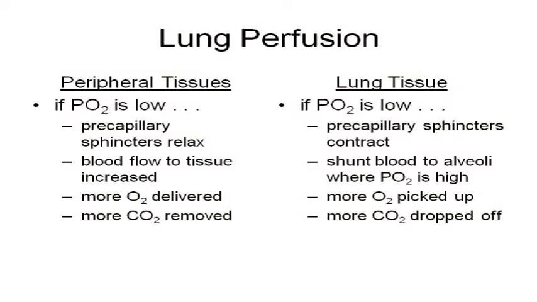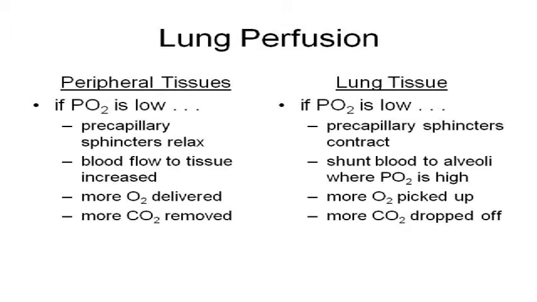Now, in systemic capillaries, all the other peripheral capillaries, if the PO2 is low, which is what y'all were just telling me about hemoglobin, the precapillary sphincter relaxes so that more blood flows into those capillaries, more oxygen can be dropped off. The opposite happens in the lung tissue.